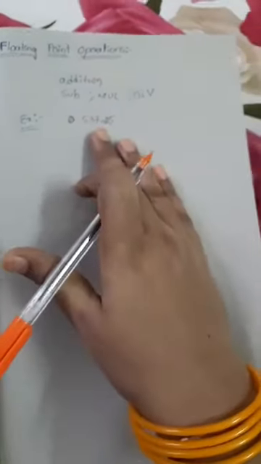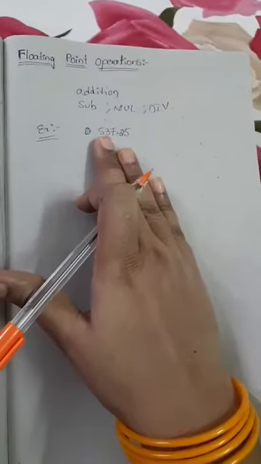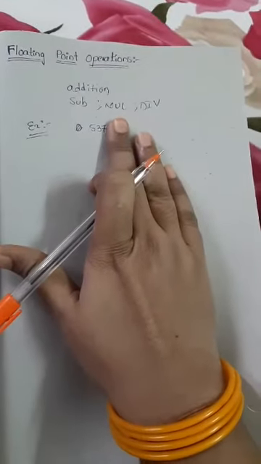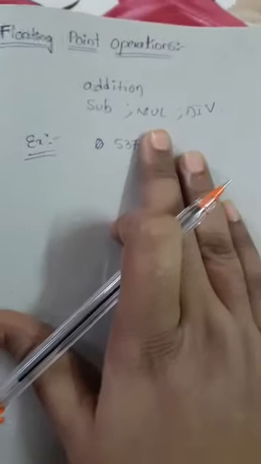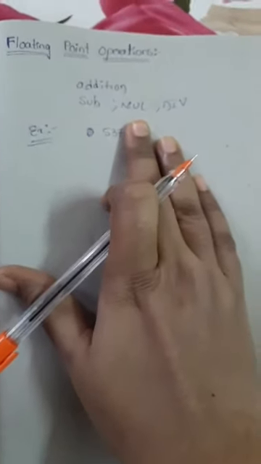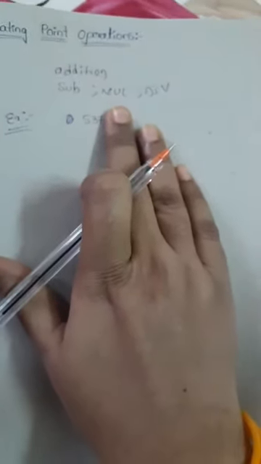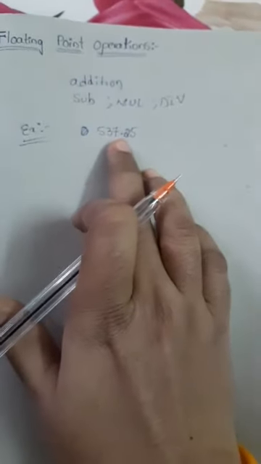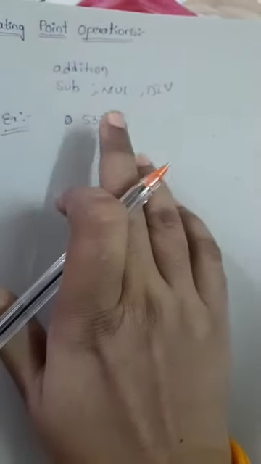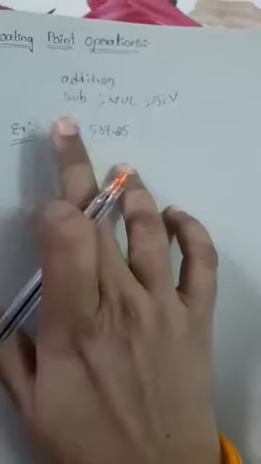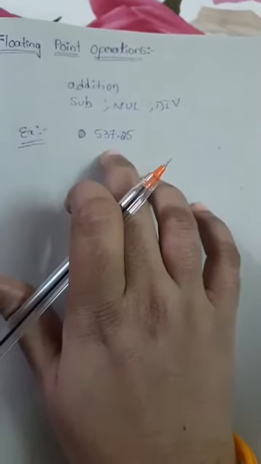This is not a normal number, right? Without the fractional part, we can say that 537 is a normal decimal number, and in that, 0.25 is the fractional part.